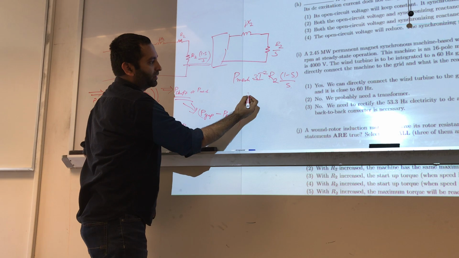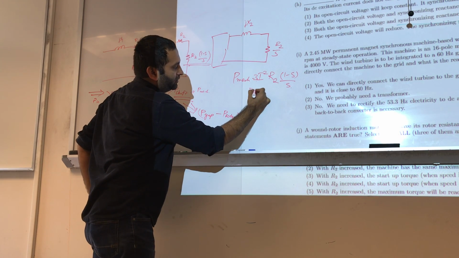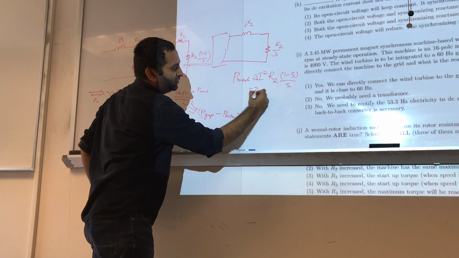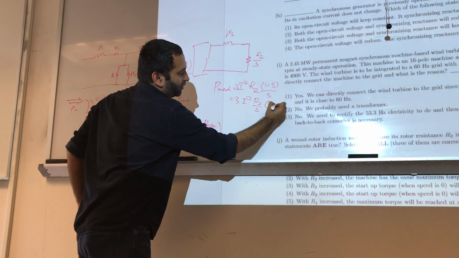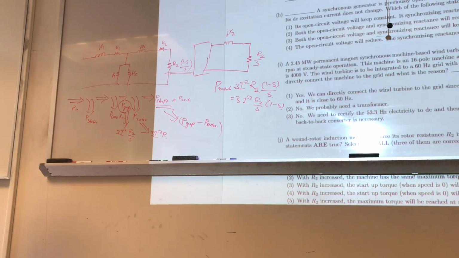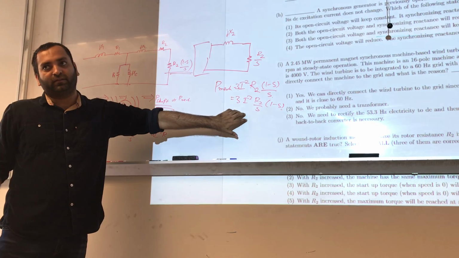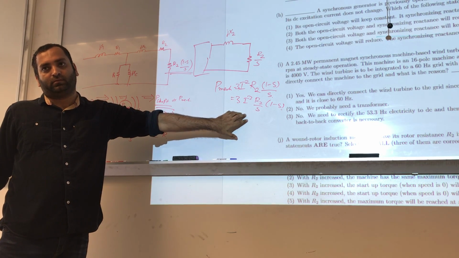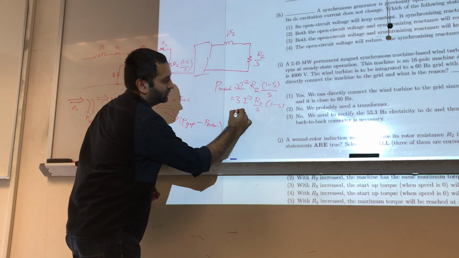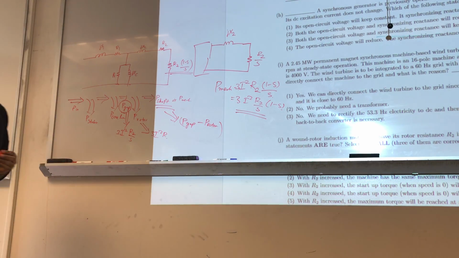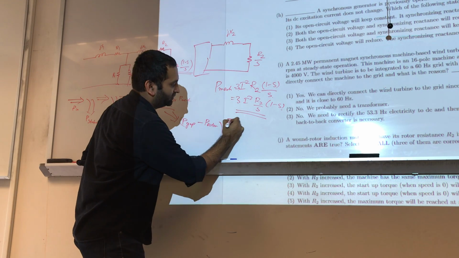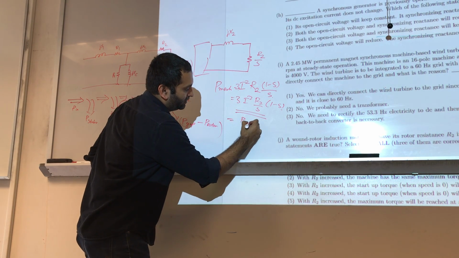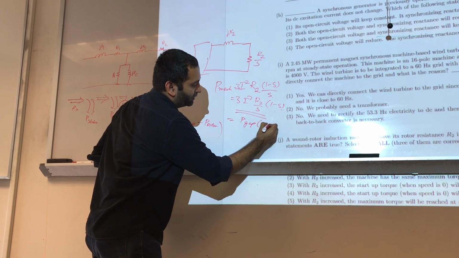Just analyze this. It is 3I squared R2 over S times (1 minus S), right? I can write it like this. So what is this part? It is P gap. So you can write it as P gap times (1 minus S).